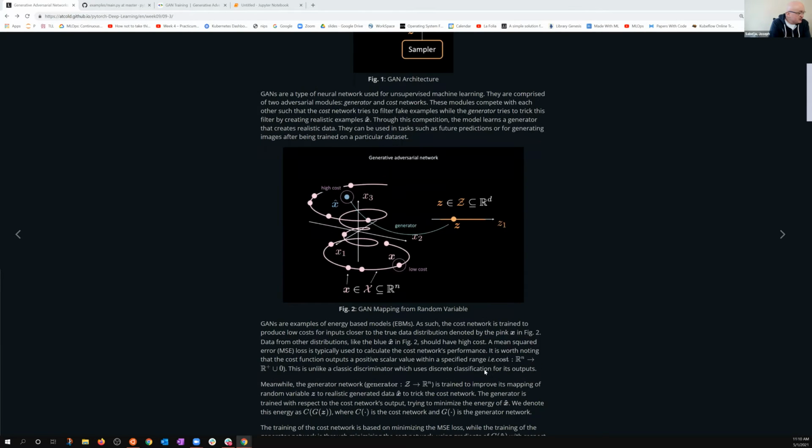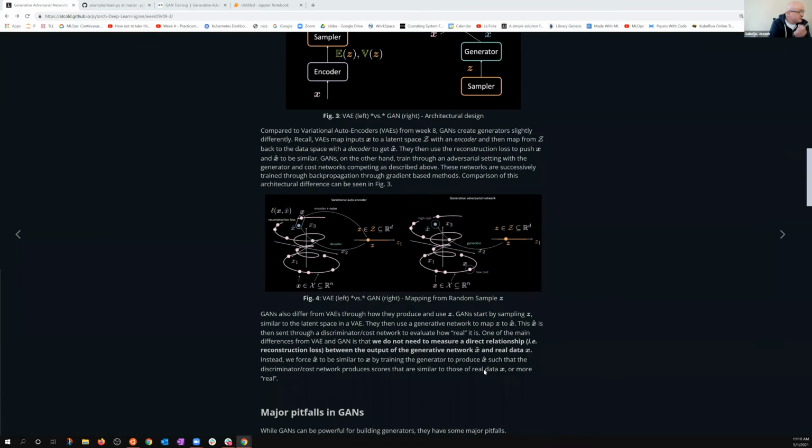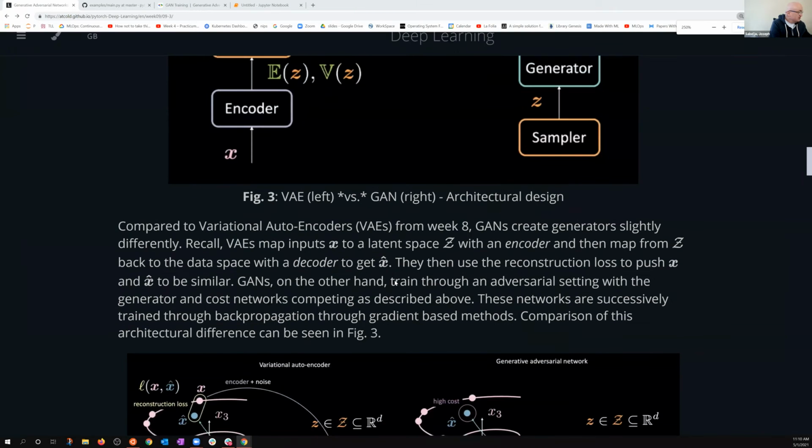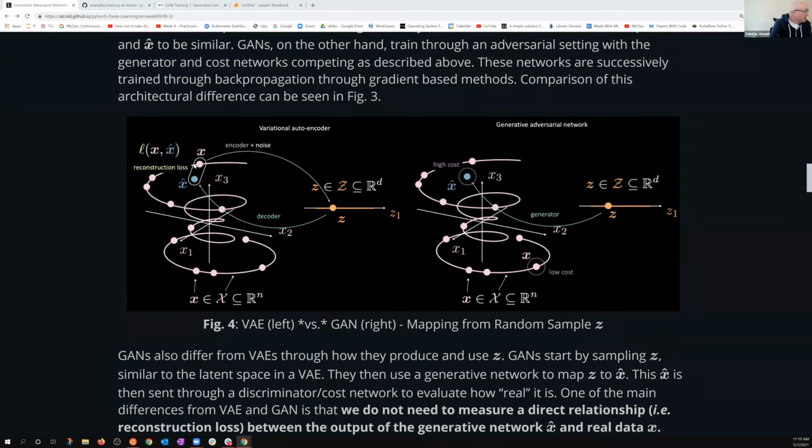Let me segue straight into the differences. So what we previously had, and let me pull this up, make it a little bit bigger, hopefully make it easier for you guys to see.